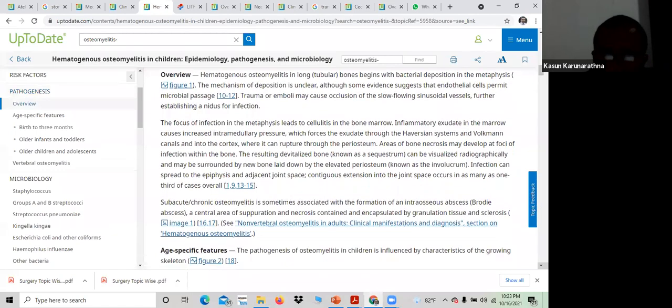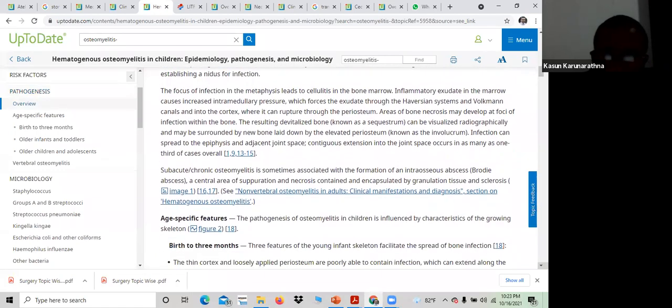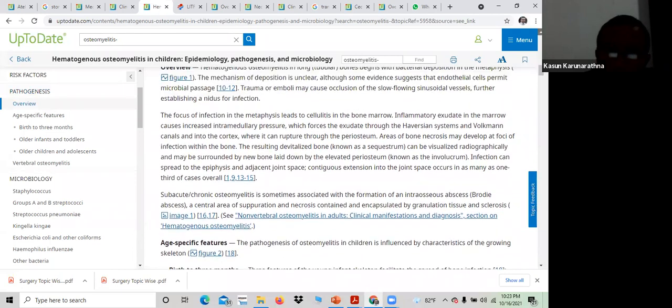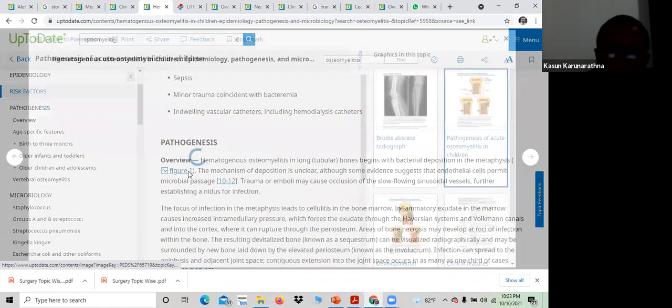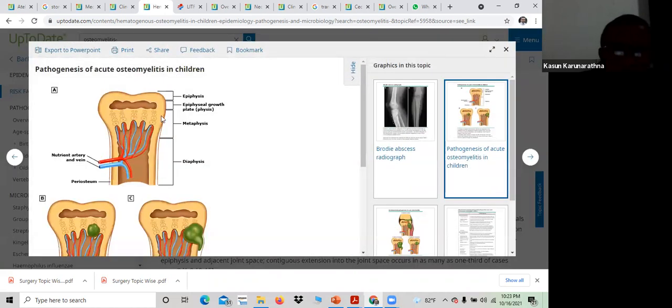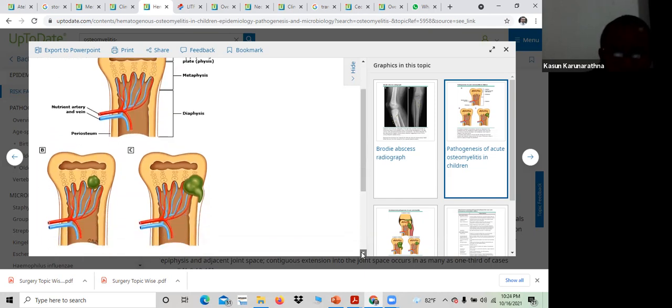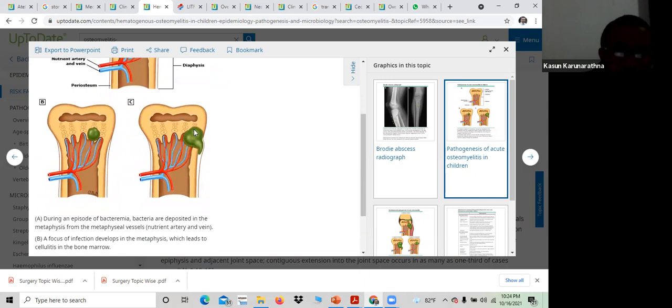There was a diagram, I can't find it. This is the epiphysis, this is the metaphysis, right? That is the region where you get this osteomyelitis in children, right? And that is how it really comes to the periosteum, and there will be periosteal elevation, right?